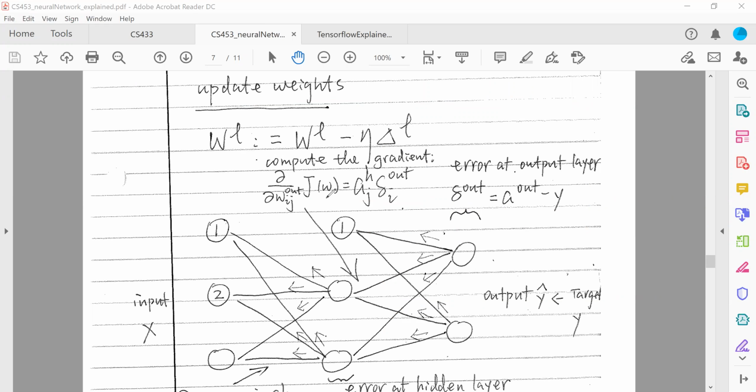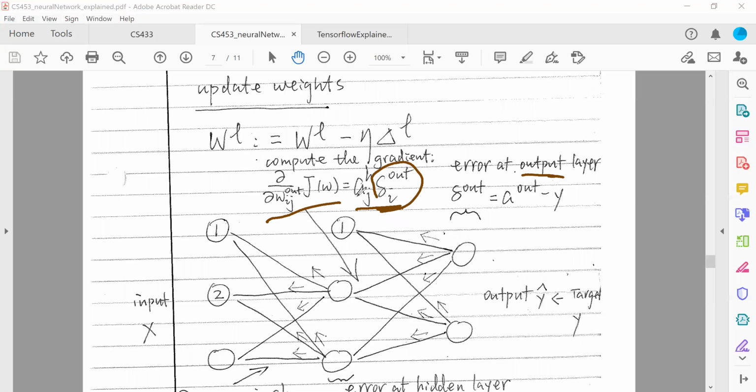From math, the mathematicians already found the relationship between the derivative and the error at the output layer.